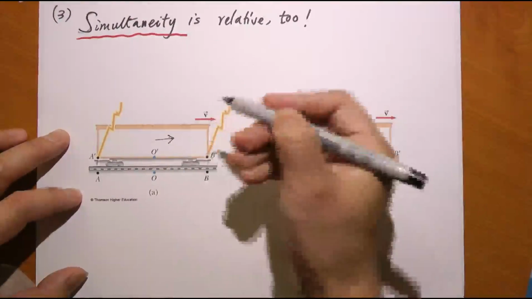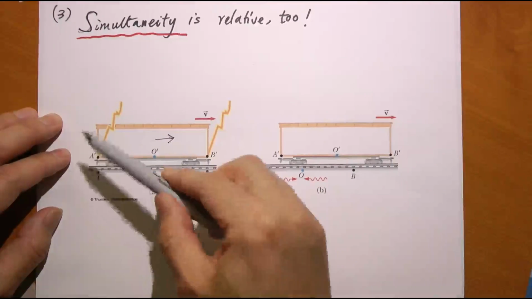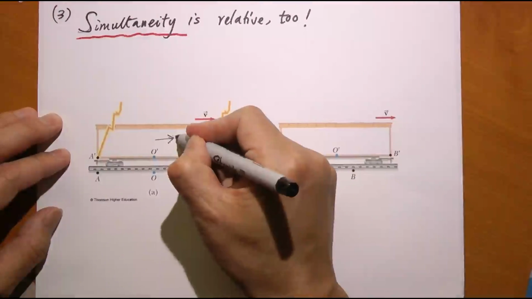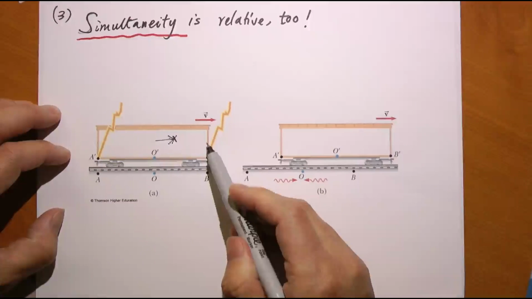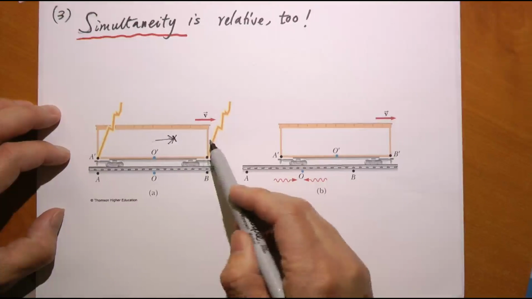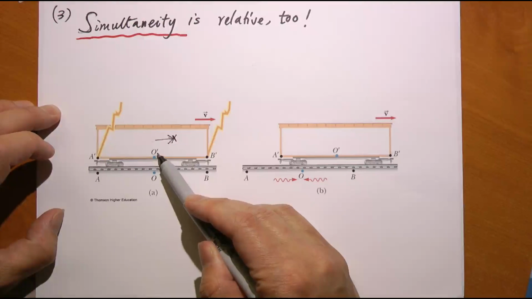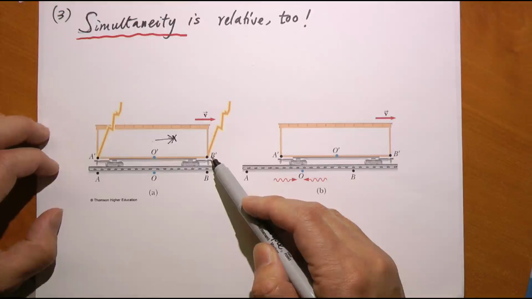And therefore, this beam had to travel all the way from here to there to reach O prime. And meanwhile, this beam had to travel only a shorter distance from here to there, right? So, O prime will not conclude that these two events took place simultaneously.